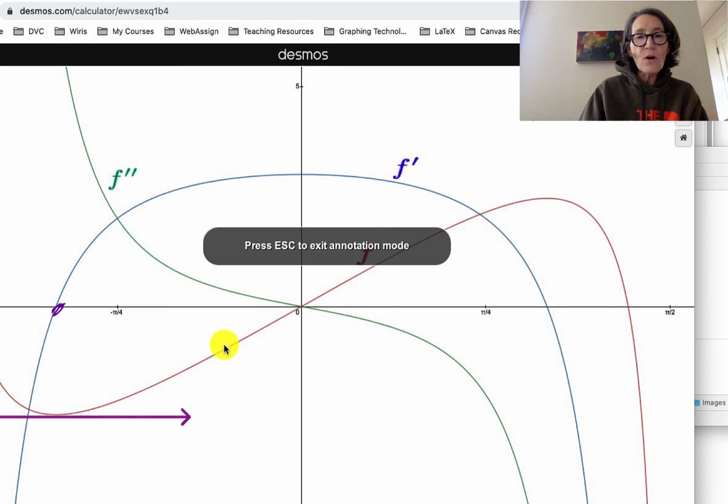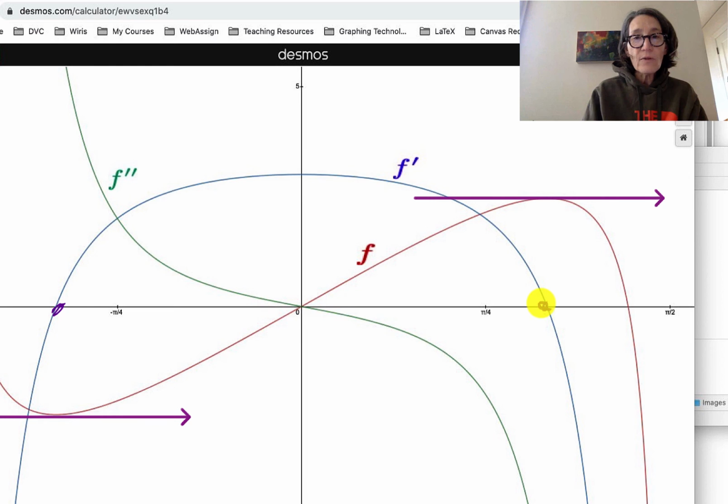The slopes are all positive there. Notice that all the y-coordinates of f prime are positive there. And we have another horizontal tangent line. So f has a tangent line with slope 0 right there. Well, f prime goes through the x-axis right there. So f prime is 0 at that point.